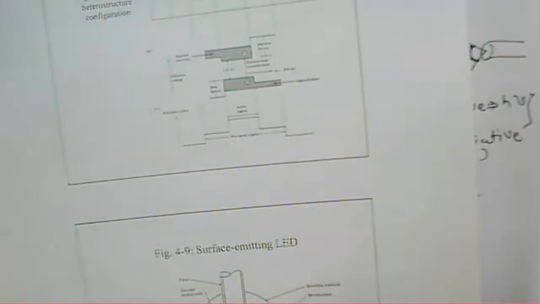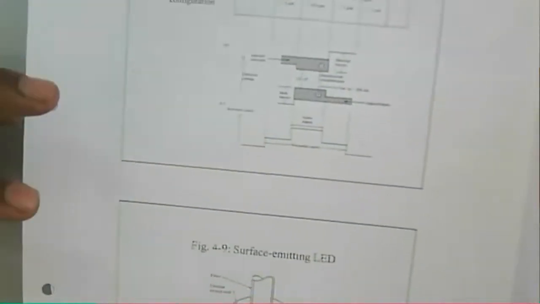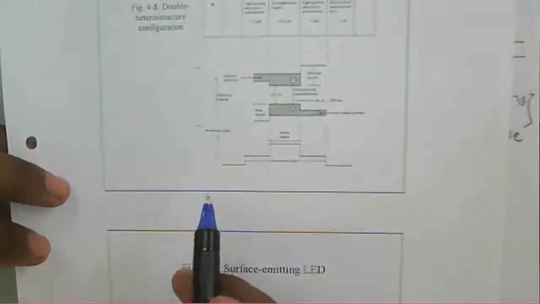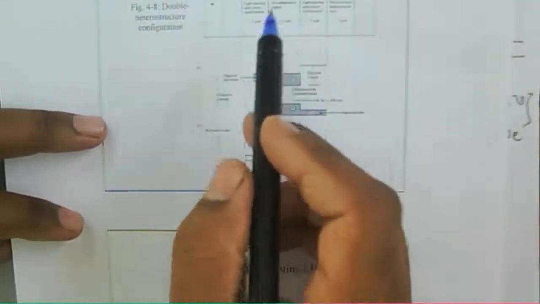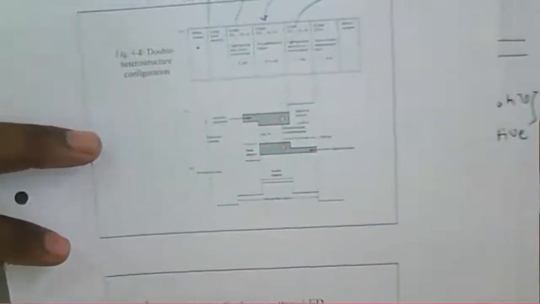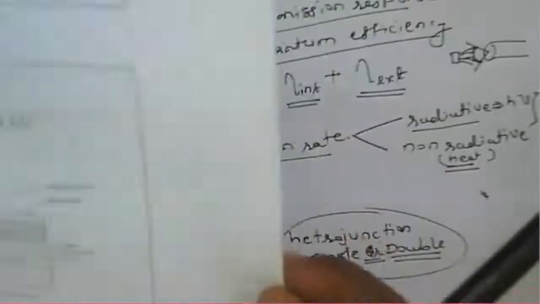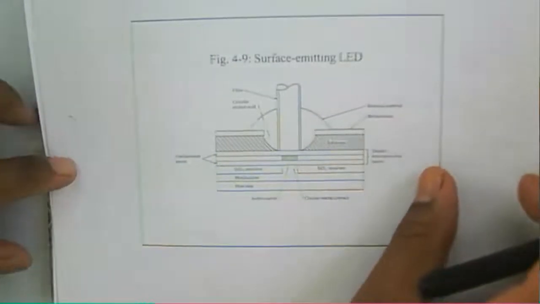So there are two types of configurations. Based on the active region and the layers, for the LED structure there are two types of configurations we are using.